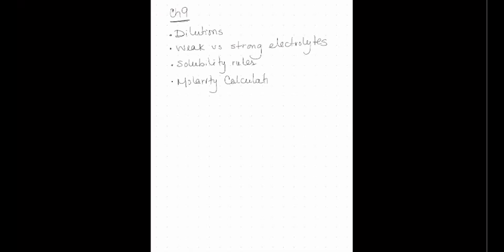Okay, so we have dilutions, we have weak versus strong electrolytes, solubility rules, molarity, calculations.